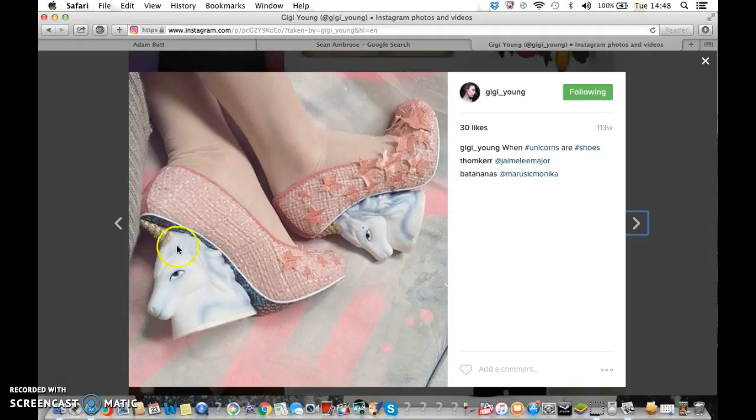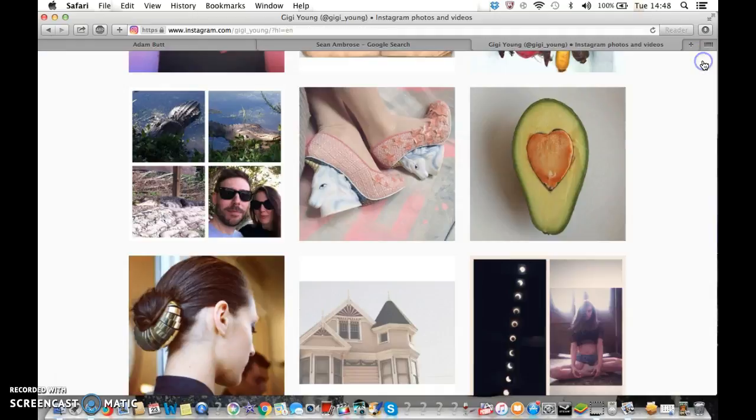Basically, these unicorns represent when the white horse rides, just like Jesus on his white horse.